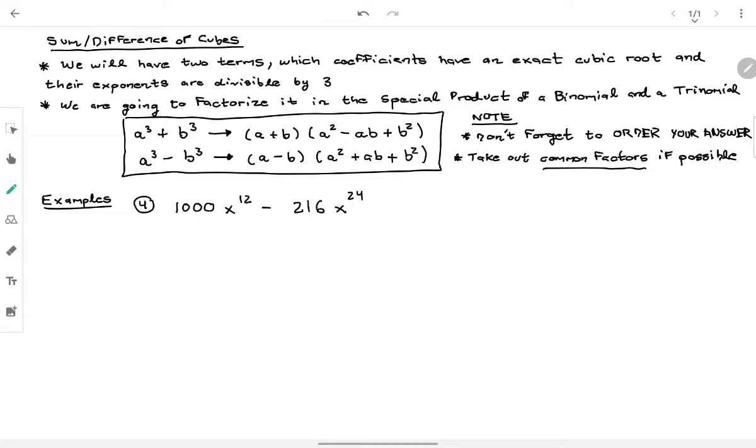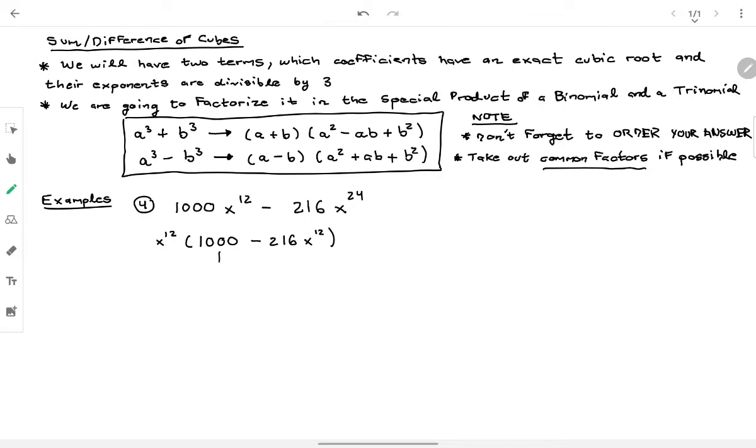But my recommendation is to do it always at the beginning because it's going to be very simple. So in this case, I can take out an x to the 12. In the inside part, I will get 1000 minus 216 x to the 12, because 12 plus 12 it's 24.